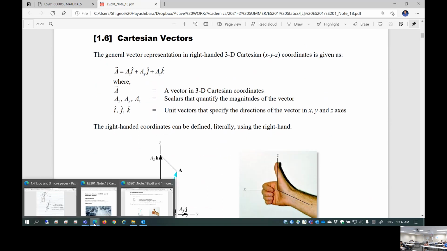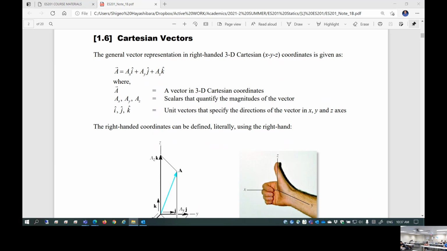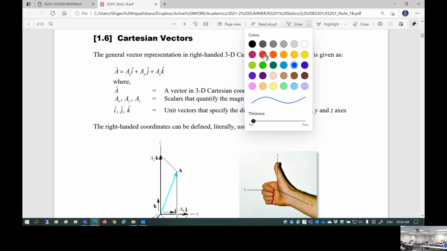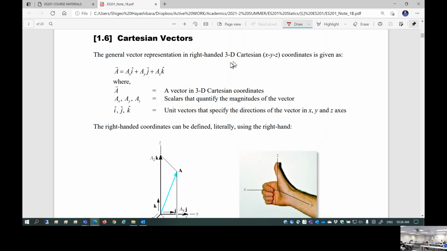Next page. So obviously, like I said, this is a 3D Cartesian XYZ coordinate. Typically, this is X and Y and Z Cartesian 3D coordinate, something called right hand.